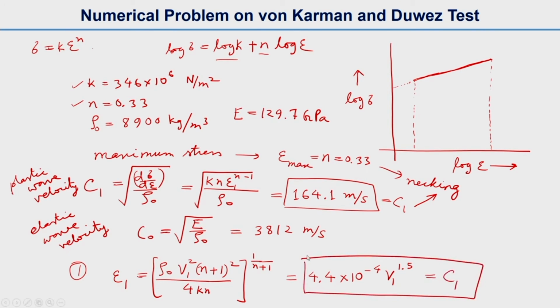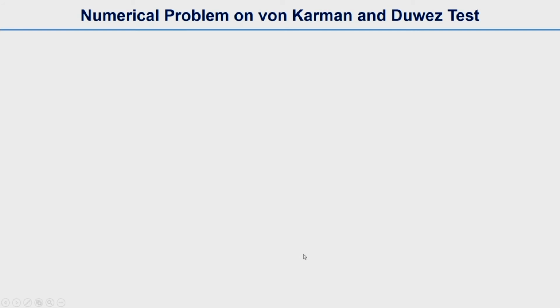So we will now check the second and third. For number 2, we need to find sigma 1. Sigma 1, as we know, is nothing but k epsilon 1 to the power n. So it's now simple.